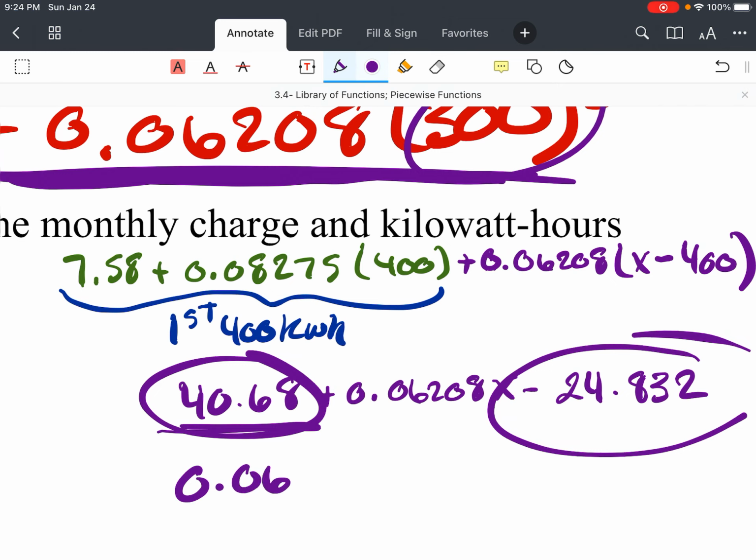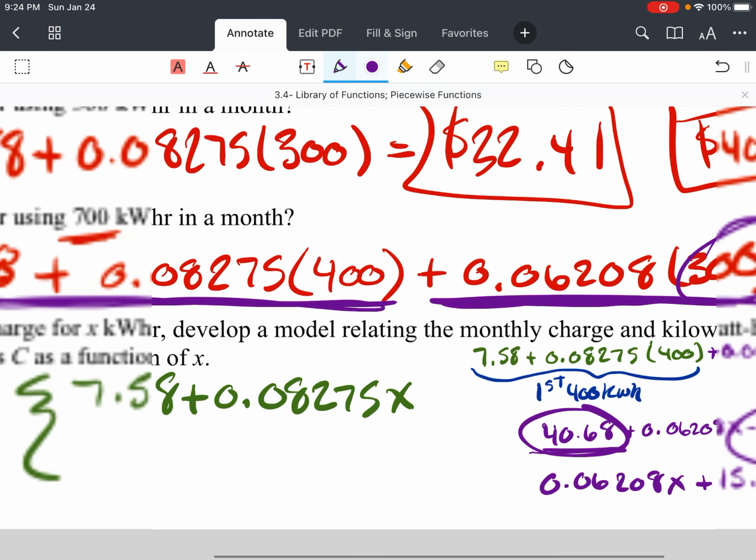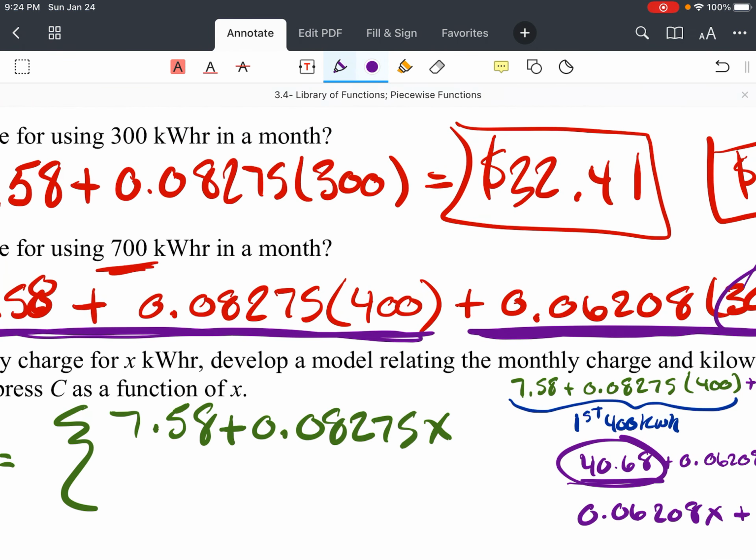So I'm going to combine these two things. And we have 0.06208x plus $15.848. All right, and so we have both of our equations.